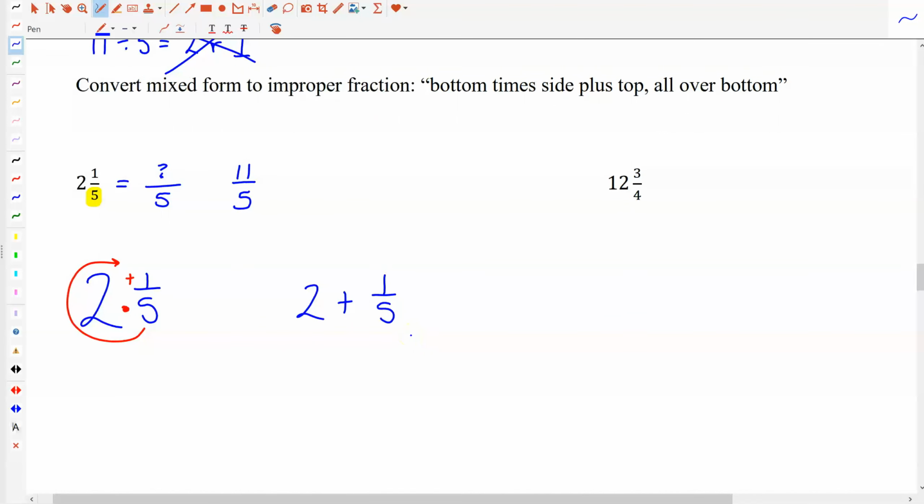So this is starting to get into a little bit of fraction addition, but 2 can be thought of as 10/5. So remember, I need 5 pieces to make 1 whole, and I have 2 wholes. Okay, so if I only need 5 pieces to make 1 whole, but I've got 2 wholes, then I've obviously got 10 pieces.